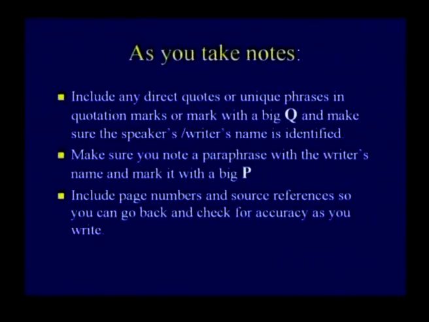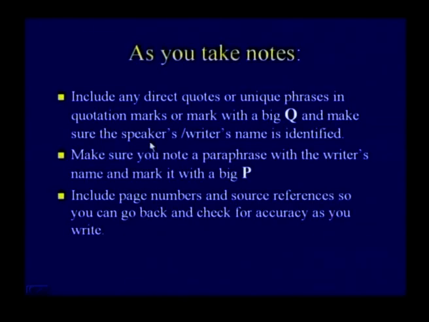When you are reading your literature, during that review process, you include any direct quotes or unique phrases in quotation marks or mark them with a big Q. This will help you understand that this is the quote that you want to include in your own research.